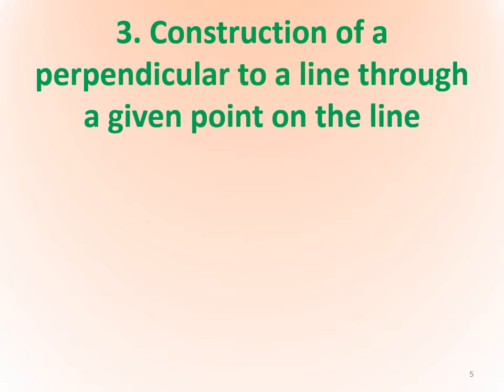Third one, construction of a perpendicular to a line through a given point on the line. We want to draw a perpendicular to AB through the point C which is on AB.